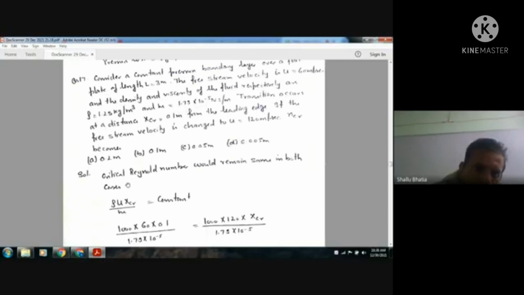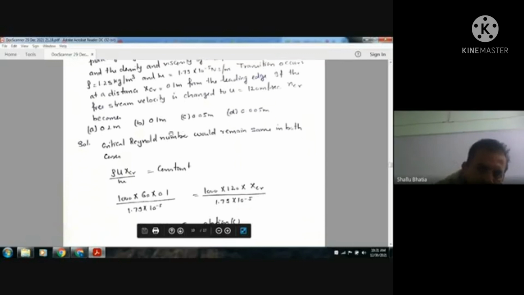Sorry, here is one mistake: rho is 1.23. But it will cancel out. It should be 1.23. From this, the critical Reynolds number will be constant, and for the two conditions given, we can figure out xcr.